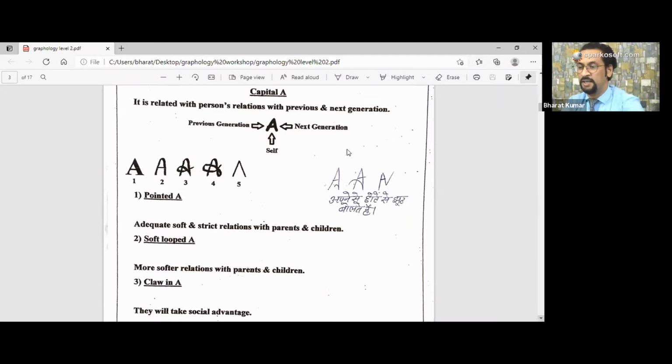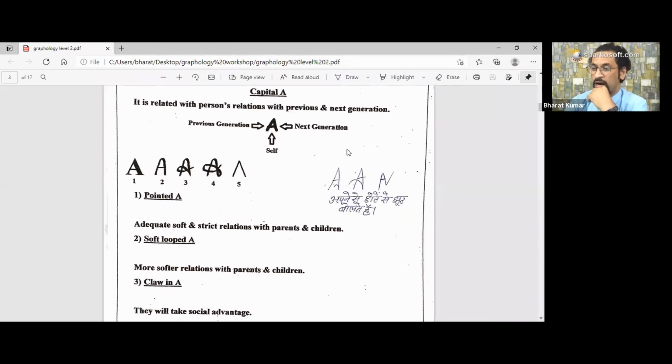Got my point? So now, how to analyze? When you write capital A, there are 3 lines. Left line tells about previous generation relation. Right side line tells about next generation relation, and middle line tells about how you relate yourself.